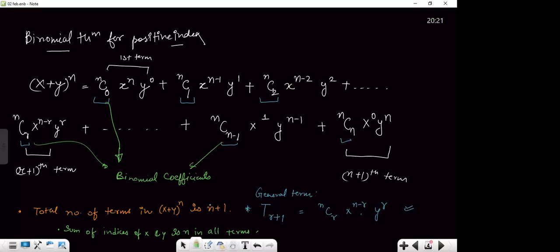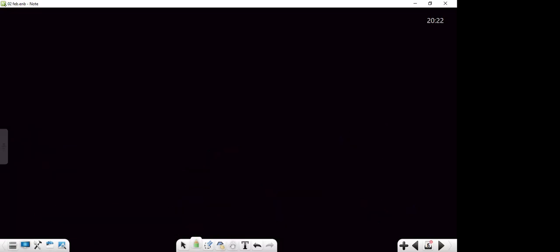Why? Because 1 plus n minus 1 is n itself. So the binomial coefficients equidistant from the start and the end are equal. Let me write this on the next page. So these are some observations.